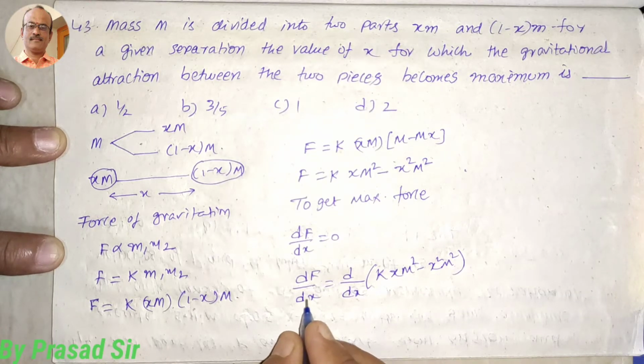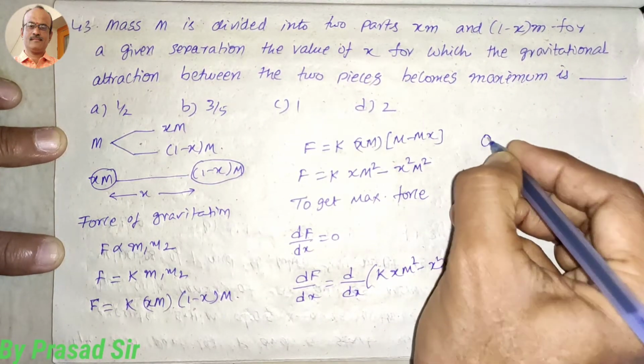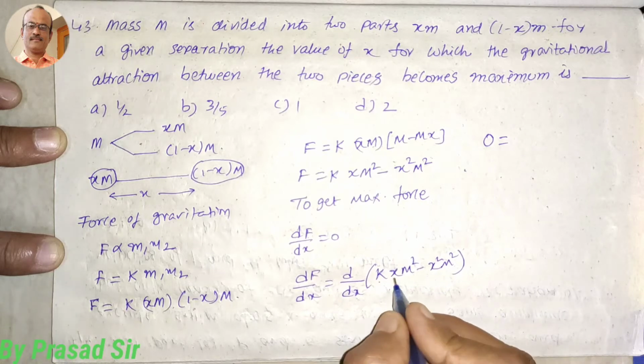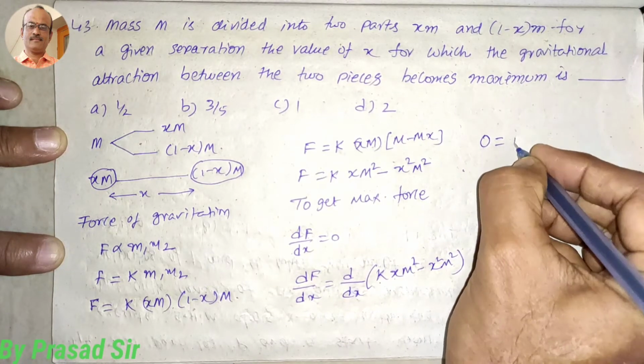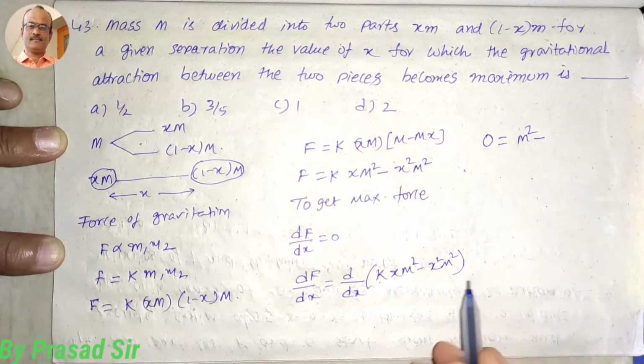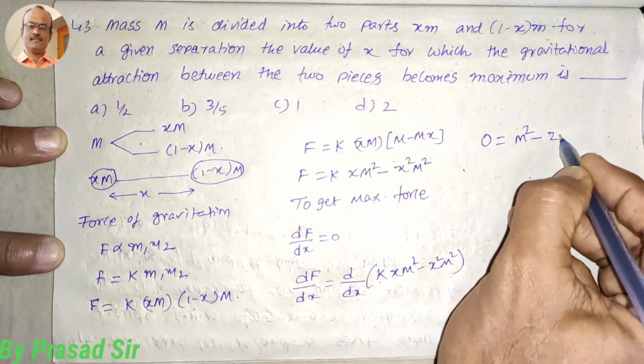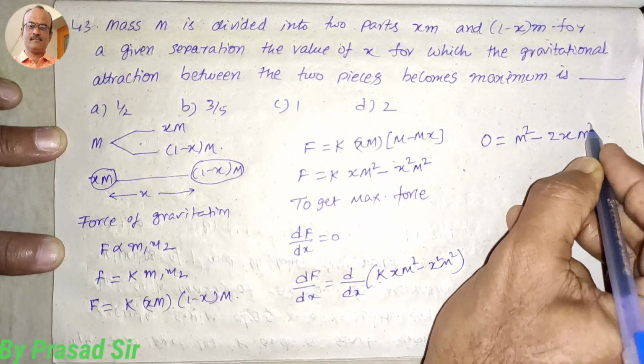So dF by dx, 0, is equal to k times m square minus 2x m square.